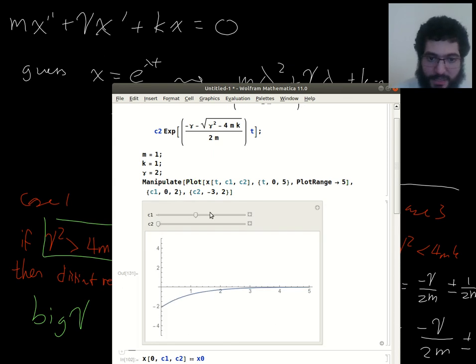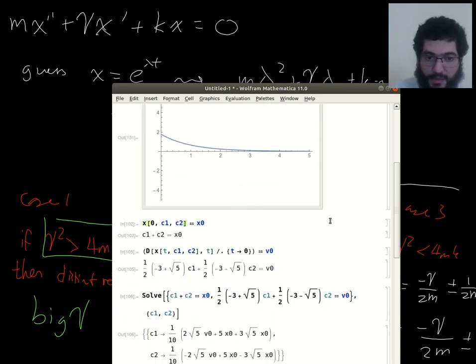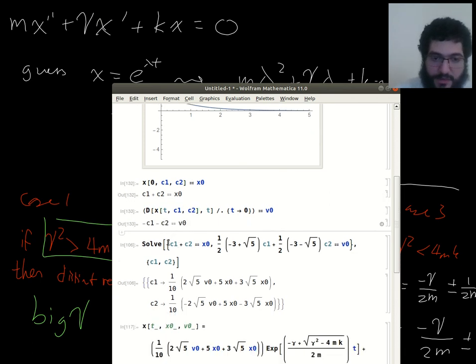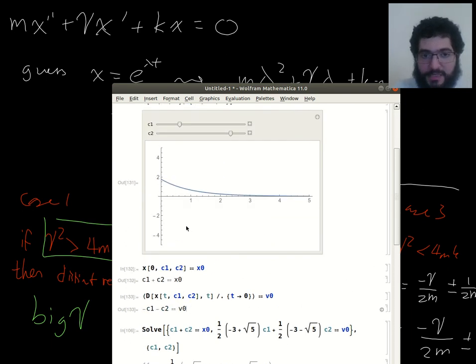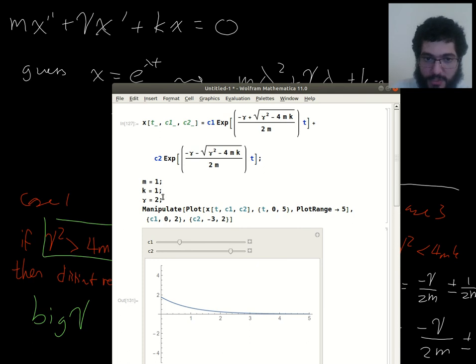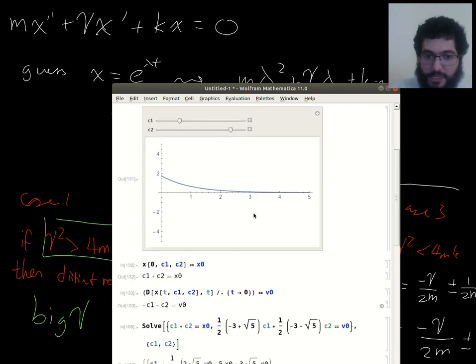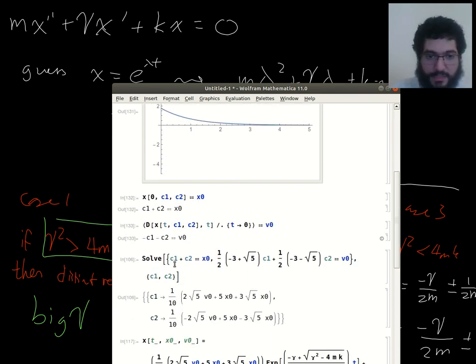And again, manipulating C1 and C2 like this, it's not so straightforward to interpret exactly what it is we're changing. So I might go here and figure out how C1 and C2 are related to X0 and V0, which changed because how I did it initially depended on my choice of gamma, which I have changed. So I've got different equations here.